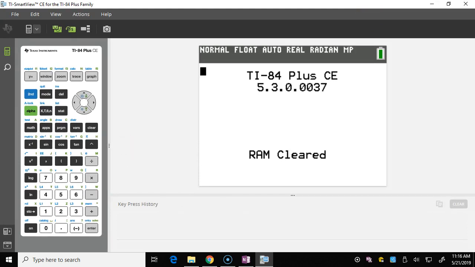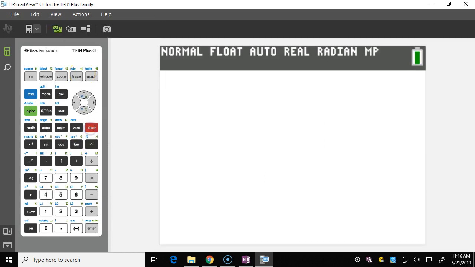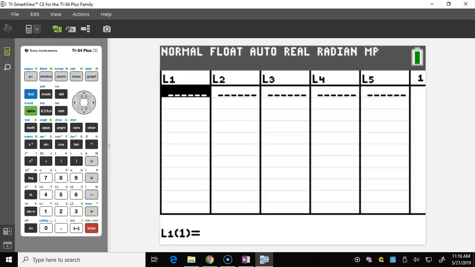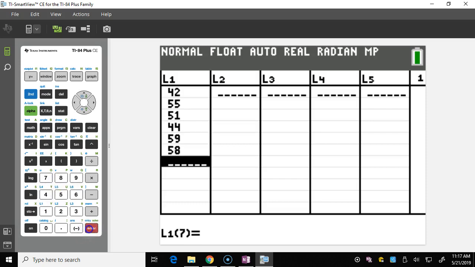All right, so view, hide key press. So you go into stat and you want to hit edit. So you hit enter, and then I'm going to need you guys to give me those numbers. 42, 55, 55, 51, 51, 44, 59, 58.